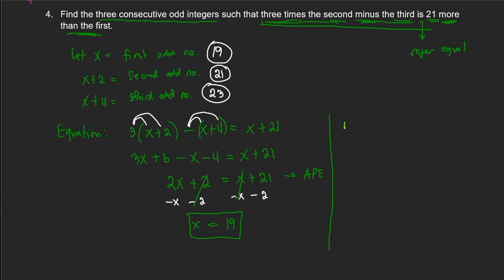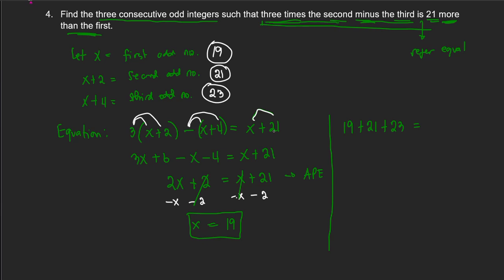Kasi pag i-add po natin si 19 plus 21 plus 23, that is equal to what? Dito na part. So 19 plus 21, dito na part.